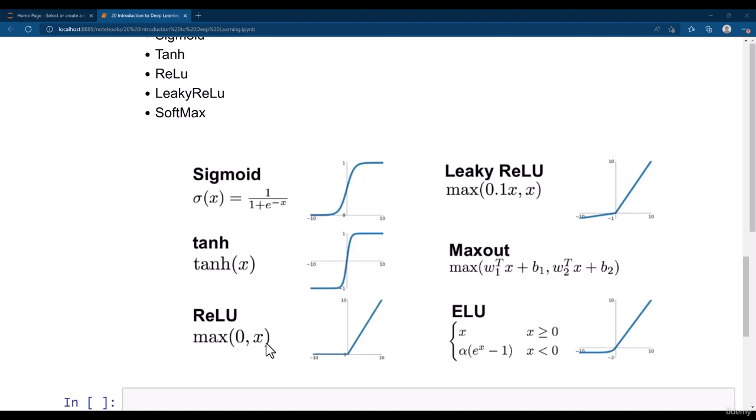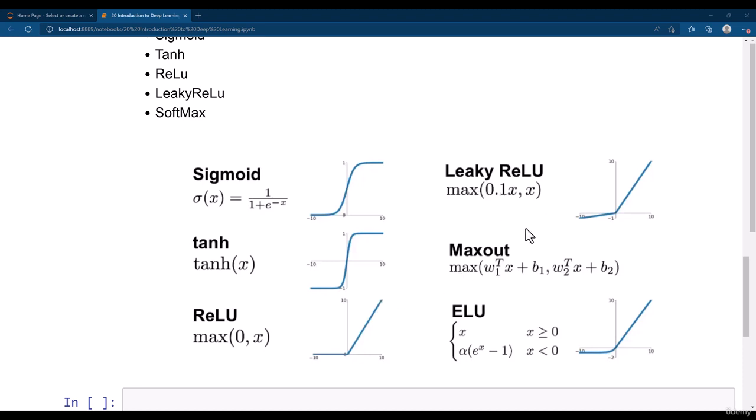It is x multiplied by its weight plus the bias. So this x is the value just before the activation function. When this x is greater than 0, the output just follows the x there.